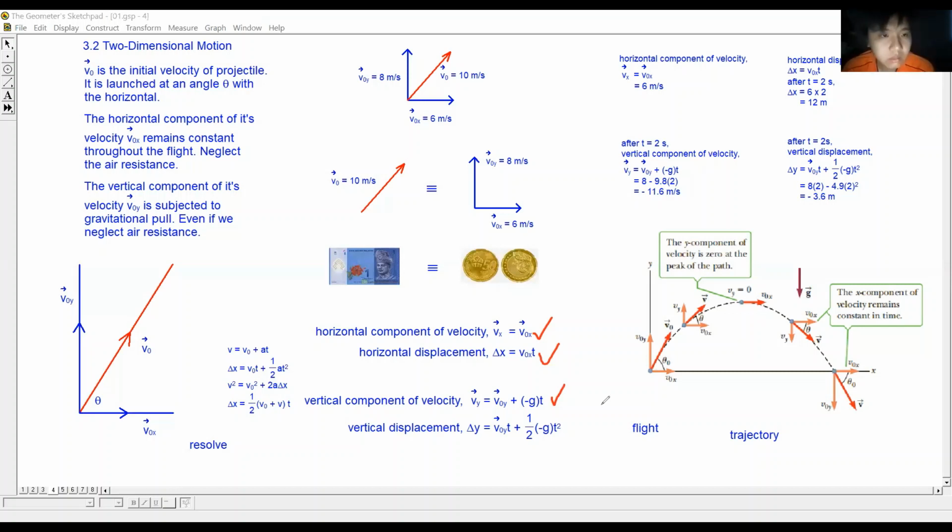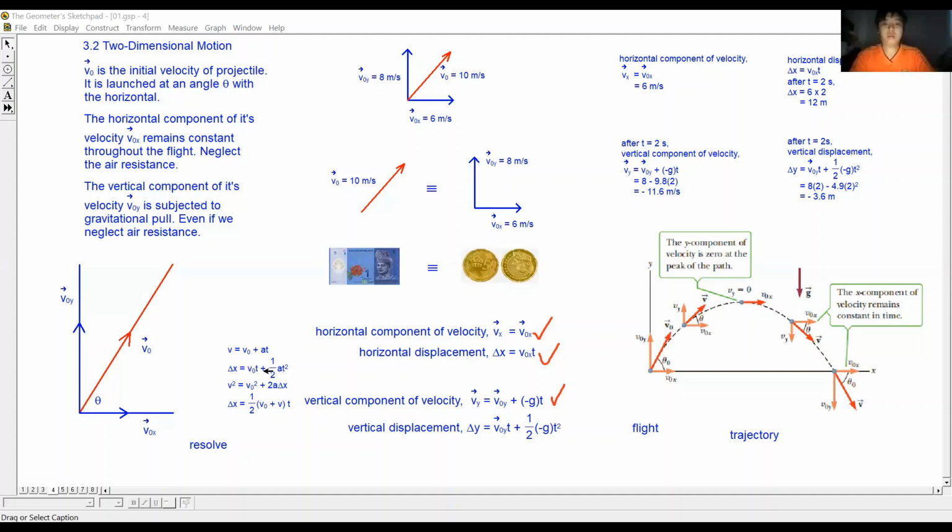Next we are going to find the vertical displacement. We don't call it delta x, we call it delta y because it is vertical. For this delta y, we use the second equation. The second equation says the change in displacement is the initial velocity multiplied by time plus half at squared.